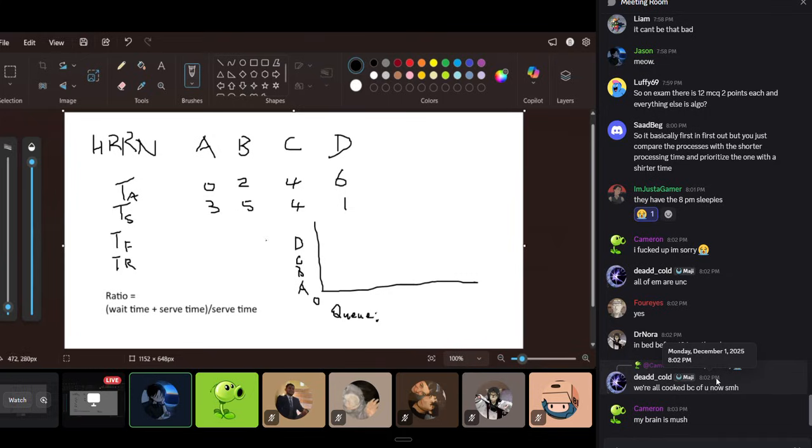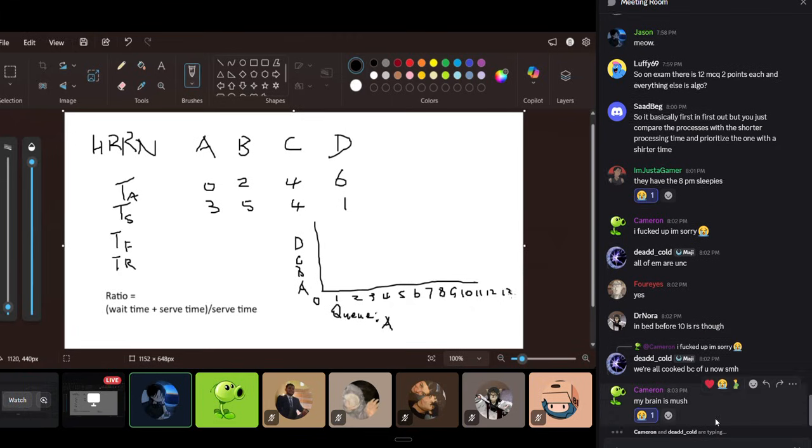At time 0, A arrives, and that's the only one in the queue, so we run the entirety of it. Let me write this a little better. A here, 1, 2, 3, 4, 5, 6, 7, 8, 9, 10, 11, 12, and then 13.